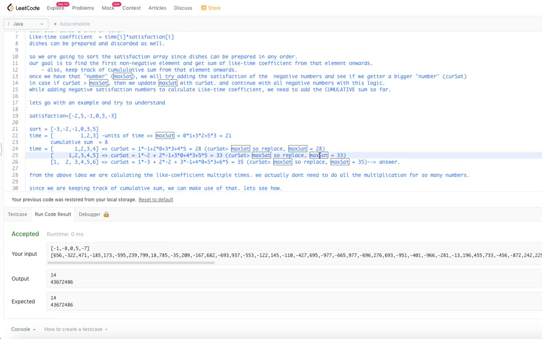So replace it, 33. Now we will consider all of them. We consider 5, right? Now there are only 6 elements, we consider all 6. So do the current satisfaction, multiply, it is 35. 35 is greater than 33. So put 35 into max satisfaction, which is the answer that we are going to return, right?